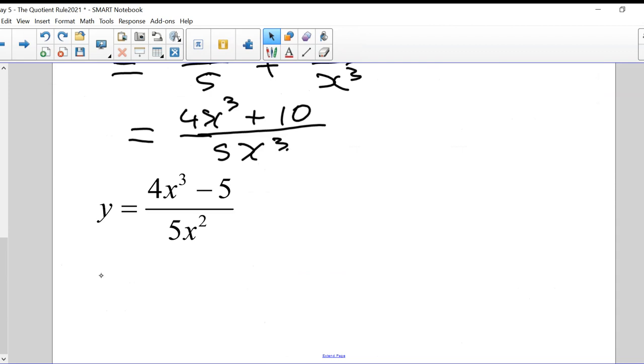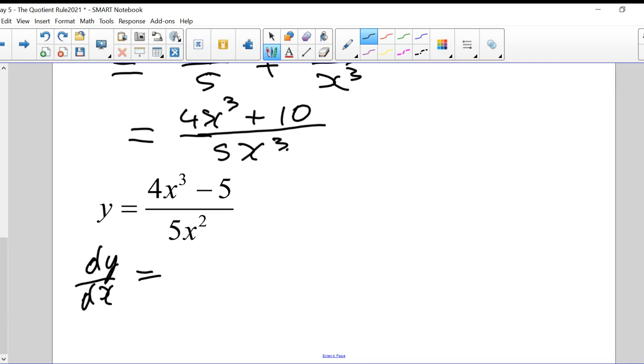So the dy dx of this should be equal to the top derived, which is the 12x squared, multiplied by the 5x squared underived, right?